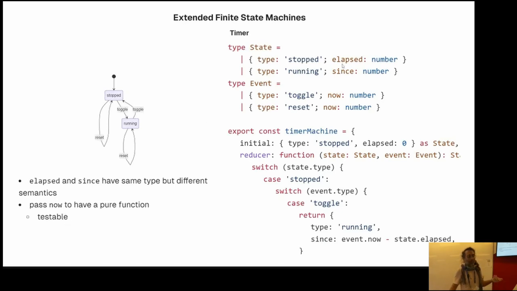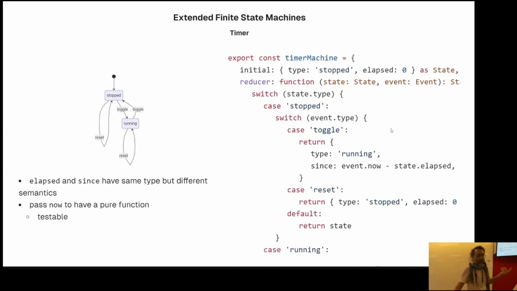The way I'm doing it is we have these two states as I've explained earlier, and we have the event. I'm passing the current time inside the event. We could have a non-pure function that reads the time, but I find that doing this makes stuff more testable. In your test, you can provide a number. I like that.